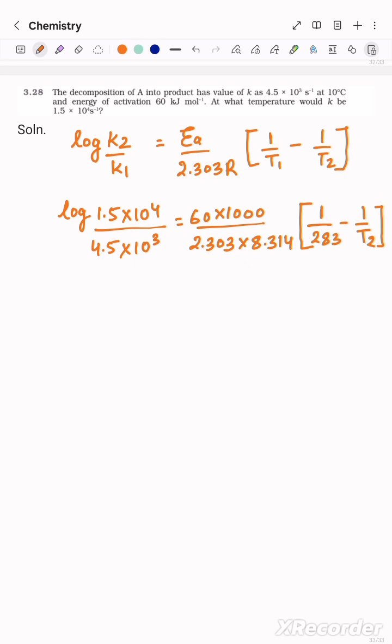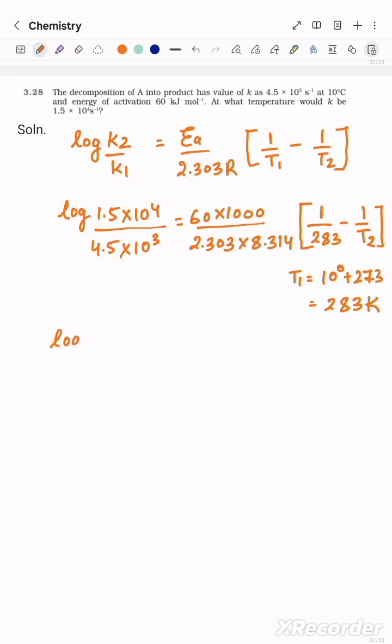We always put temperature in the equation in Kelvin. Now here we calculate this, and 283 comes from temperature 10 degree plus 273, to convert into Kelvin it becomes 283 Kelvin. Now we calculate this.